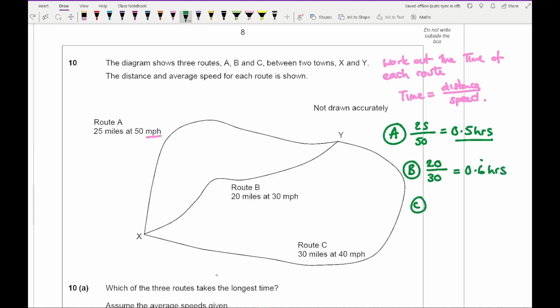And then for C, we've got 30 miles over 40 miles per hour, and that's going to equal 0.75. And so all we now need to do is say which one is the longest. Well, it's going to be route C, so the answer is route C.